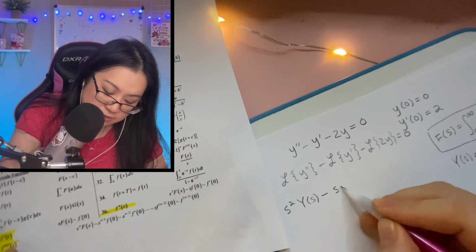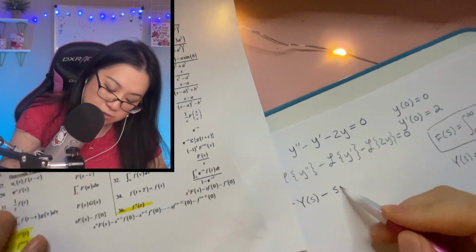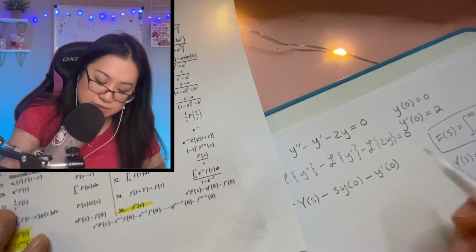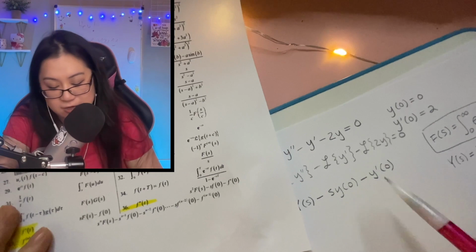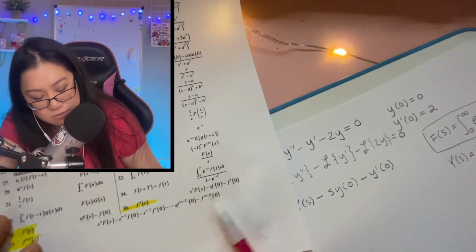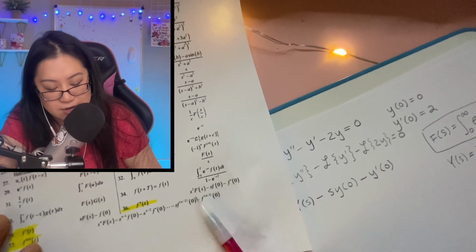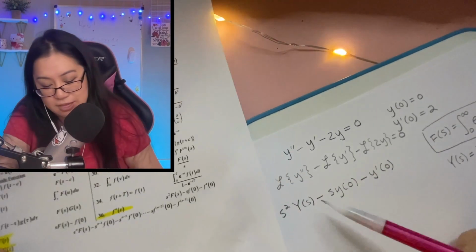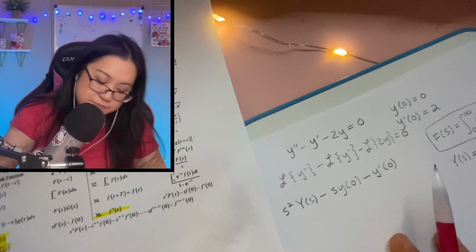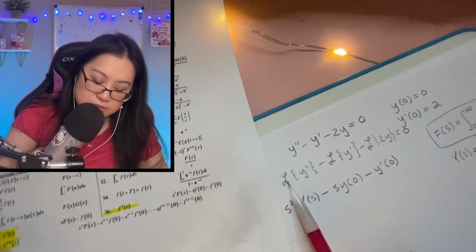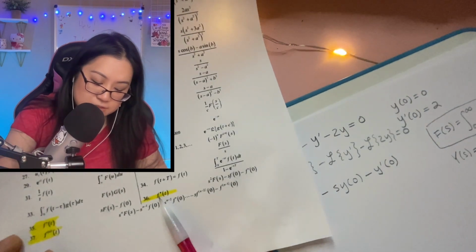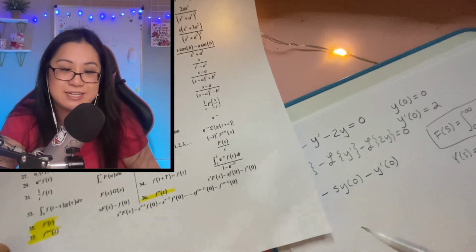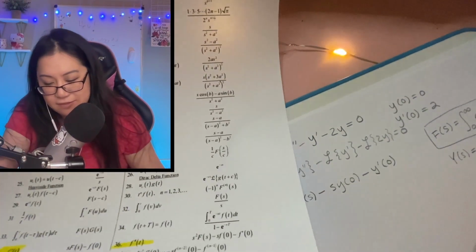So s, and then instead of f of 0, I'm going to do y of 0 here minus y prime of 0. So I'm just changing the function names around, but the property still holds. S squared times Y of s minus s y of 0 minus y prime of 0. The capitals matter here. So this is the Laplace of y prime prime. This is kind of hard to see, but it's f prime prime here, so y prime prime of t. Okay, so that's the first part.